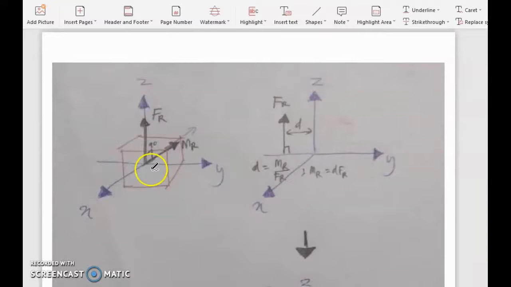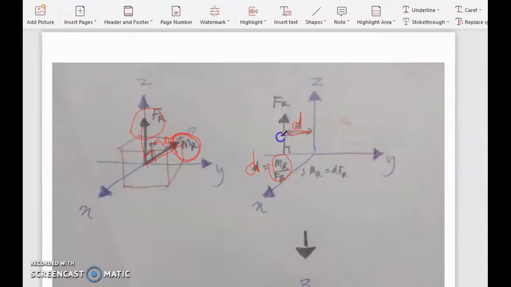If the force and the moment are at 90 degrees, or perpendicular, to each other, you can eliminate the moment by moving the force away by a distance d, because d equals M resultant over F resultant.